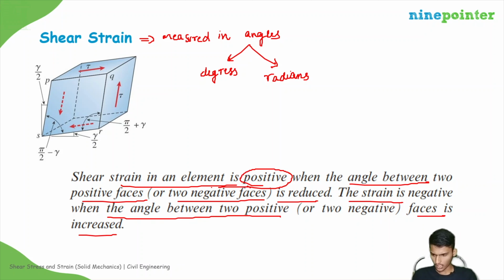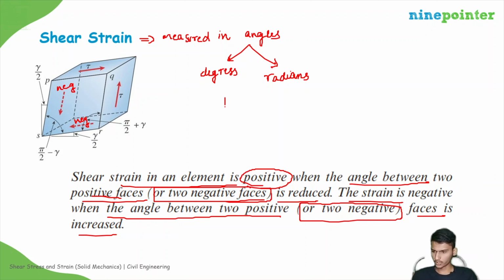See, this is another sign convention. These two together give you another sign convention. So see, if you take any two perpendicular positive faces or negative faces, for this element, these are negative faces. This is negative. This is negative, right?